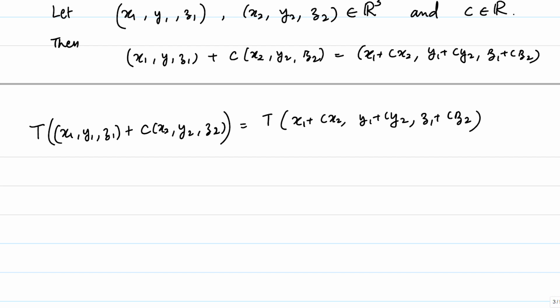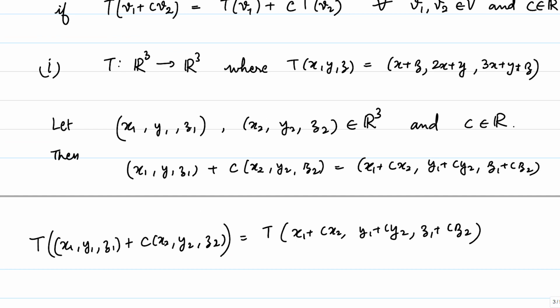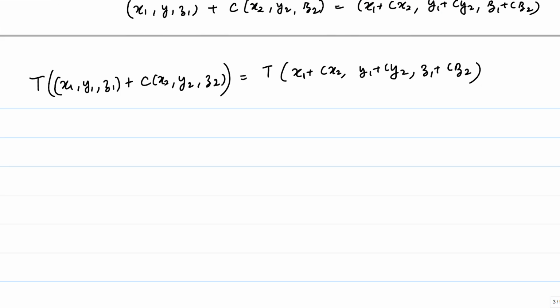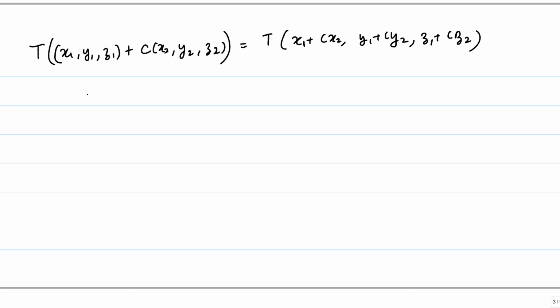But then what is our definition of T? T of (x, y, z) is, let me just show it to you, written just above: x plus z, 2x plus y, and 3x plus y plus z. So here x plus z will turn out to be x1 plus c x2 plus z1 plus c z2. That is the first coordinate.